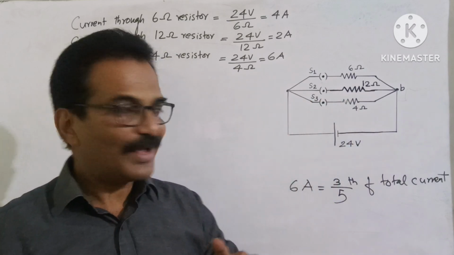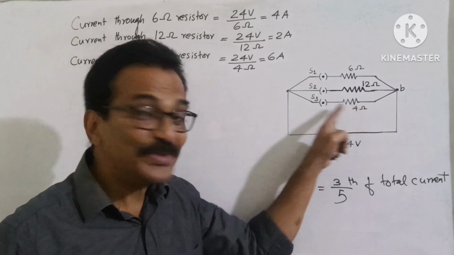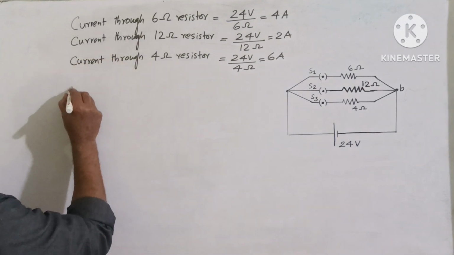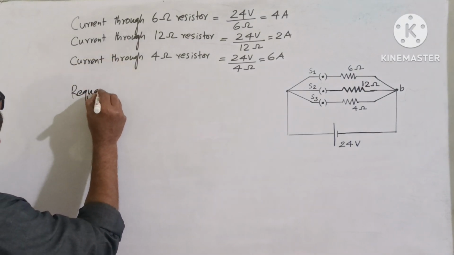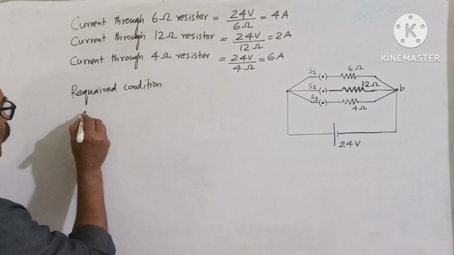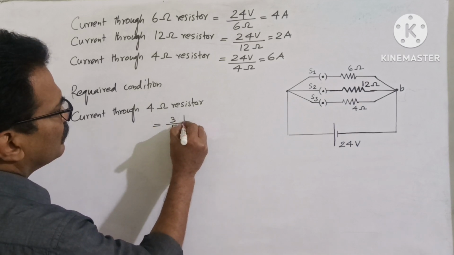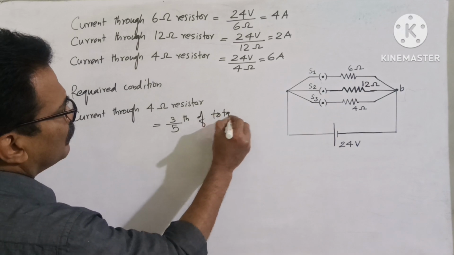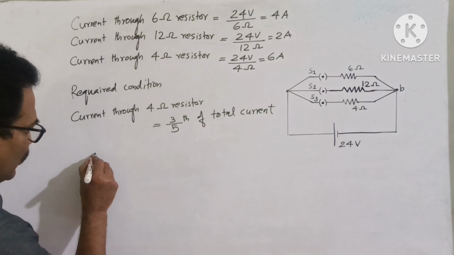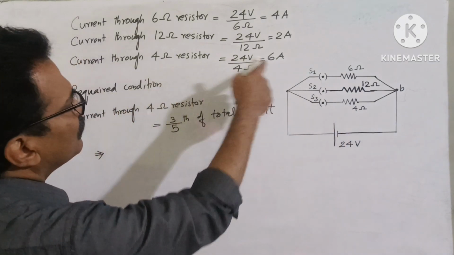So our options are either S1 or S2. When I open one of these, the current flowing through this 4 ohm must be 3/5 of the total current drawn from the cell. That is the required condition. The current through the 4 ohm resistor, which I have already found, is 6 ampere.